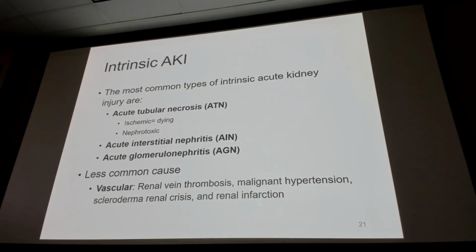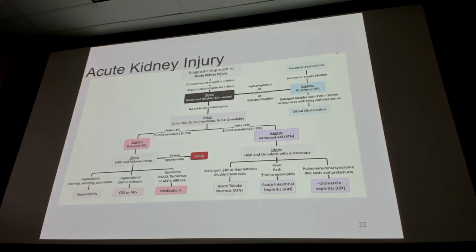Be able to differentiate between the three main conditions here, ATN, AIN, and AGN, right? If you can run this pathway, you'll be in good shape.